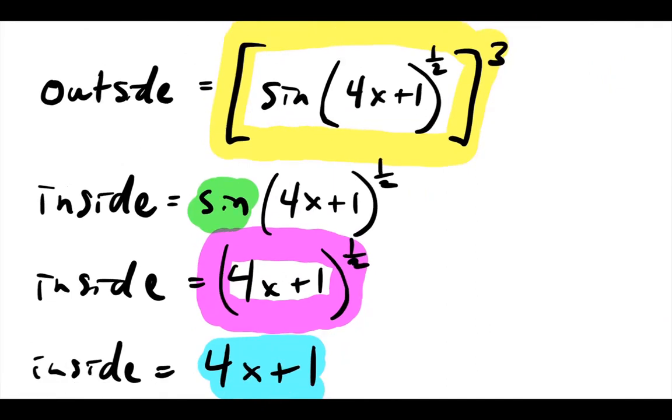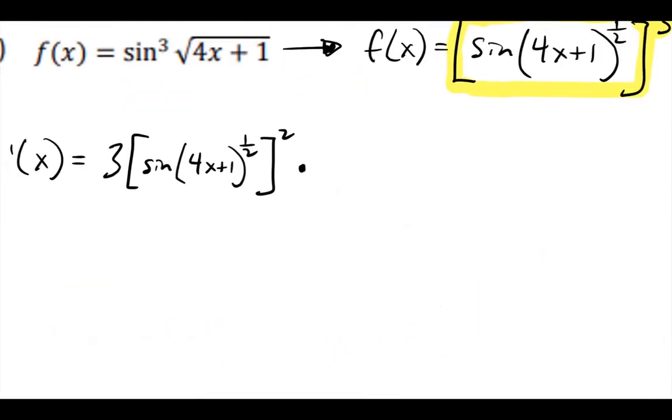Everything else stays the same. So 4x plus 1 to the 1/2 power stays the same. Okay. We've got 2 more layers.